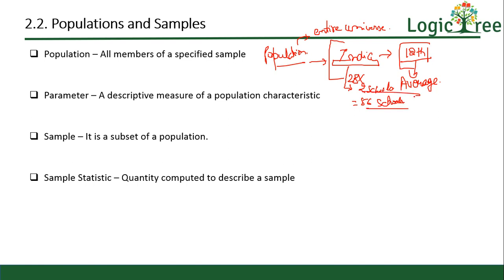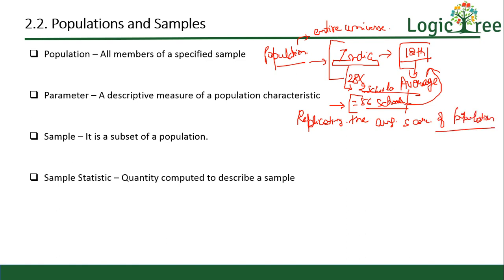This is far less time consuming as compared to the previous one. This process is kind of replicating the average score that we have to find for the population. Yes, it will not be accurate, but it will be around, or you can say comparable.